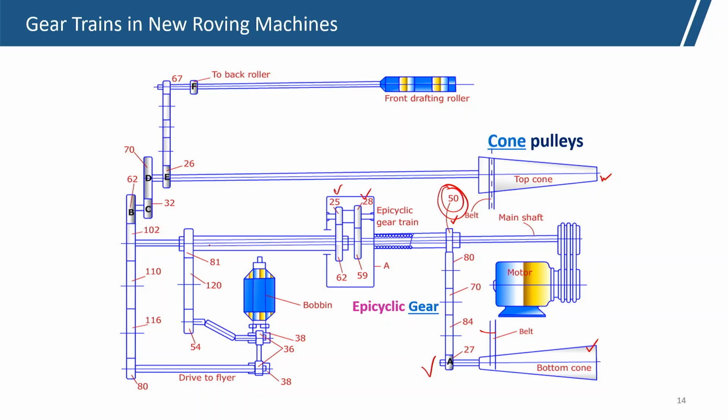So, this hollow shaft is connected with the roller 81, which rotates at the speed of the output of the epicyclic gear 62 teeth, and from this 81 teeth gear the bobbin gets motion, whereas the spindle directly gets motion through the 102, then going to the 80 teeth, and from there directly to the spindle. So, these are the two motions here.